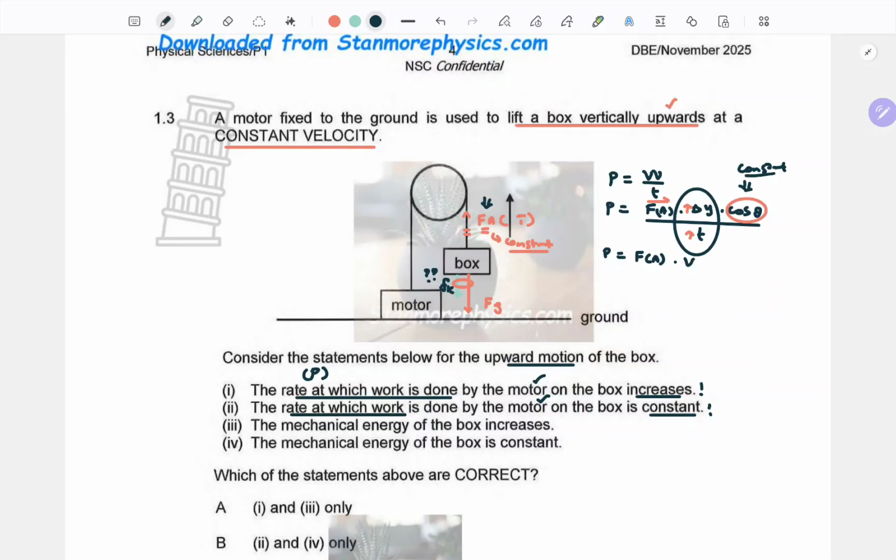Now we can see, okay, what is this velocity? We were told this force is constant indirectly through the statement itself, but technically the velocity is being given directly this time. Now we can see that this power is equal to the product of two constants. So this means that the power is constant.